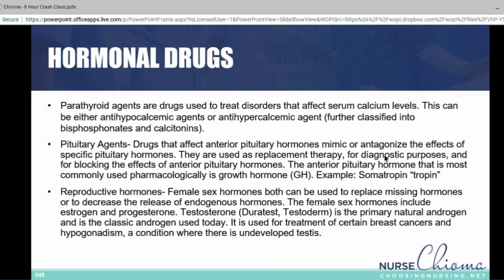Some of these names are Duratest or Testoderm. This is the primary natural androgen and is the classic androgen used today. So it's used for treatment of certain breast cancers, and hypogonadism, which is a condition where they have undeveloped testes.